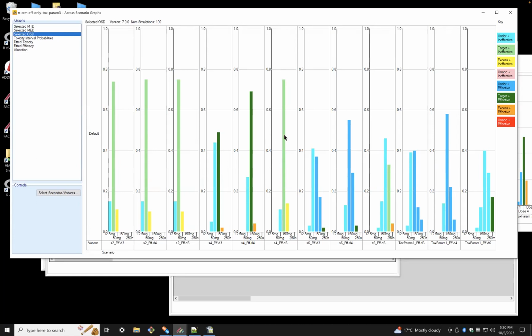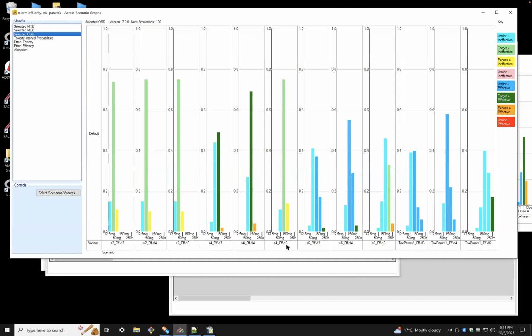But now we have an entertainingly colorful graph where, for instance, these ones here, the peak is in this pale green, which is target and ineffective, which means that we're selecting the MTD, we're at the target toxicity, but it's ineffective. That's because these are all scenarios where the MTD is at dose 2 and that's below the MED for any of the efficacy scenarios.